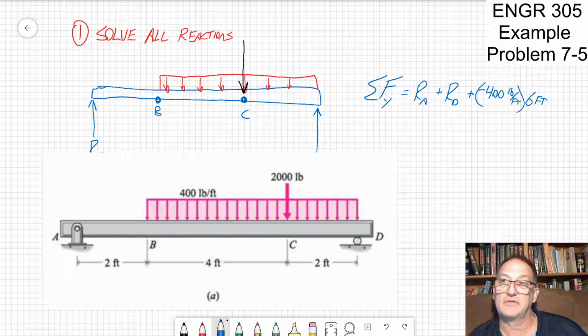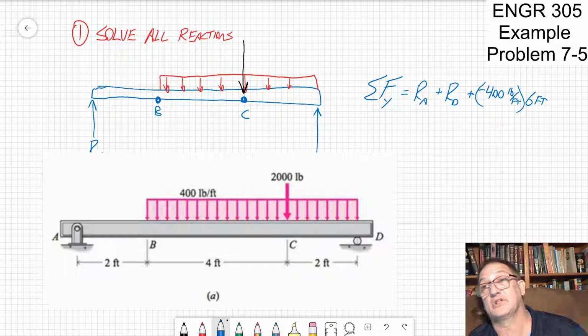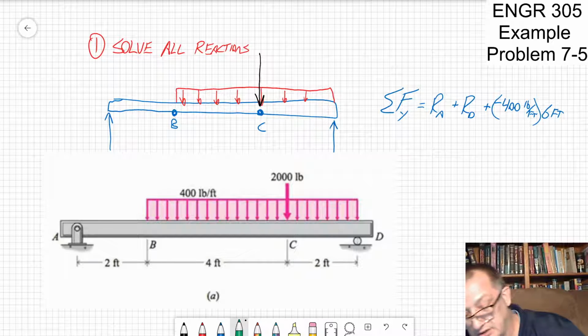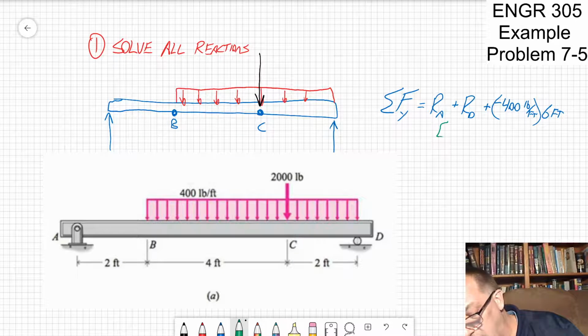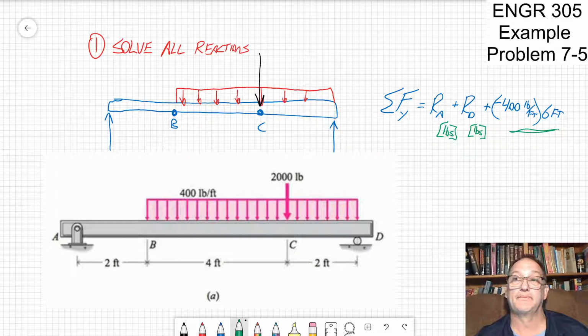And I put the units right on there, one, because we're stressing units now, but also because you can see if you just throw down the pounds per foot, your units aren't going to match. The units on reaction at A are in pounds, and the units here are in pounds. So really the units for this have to stay in pounds too.